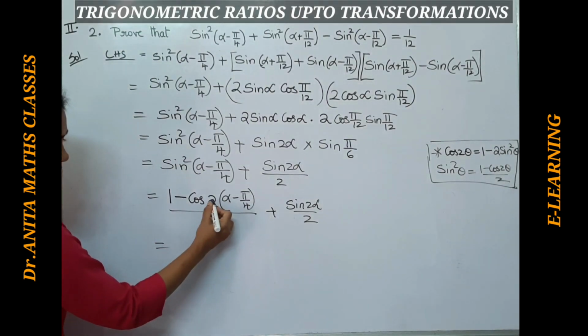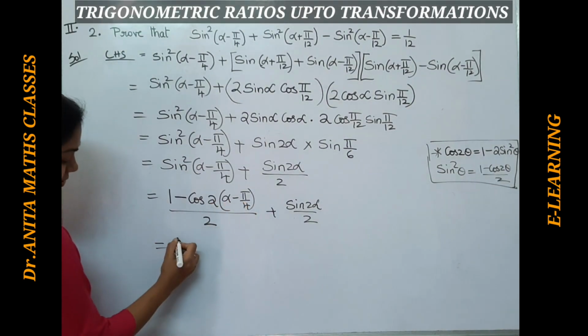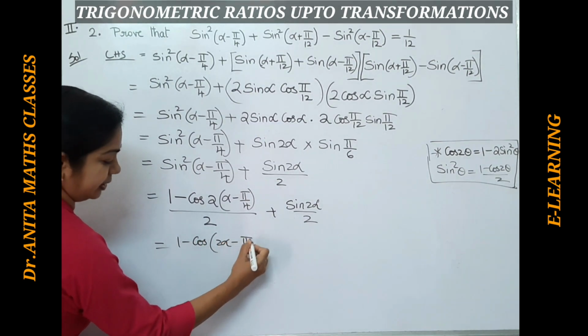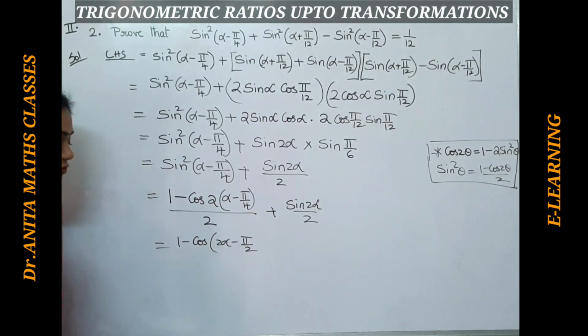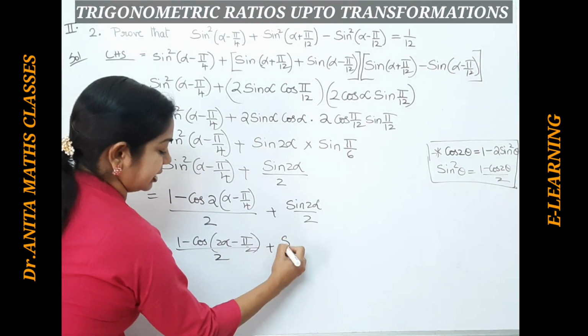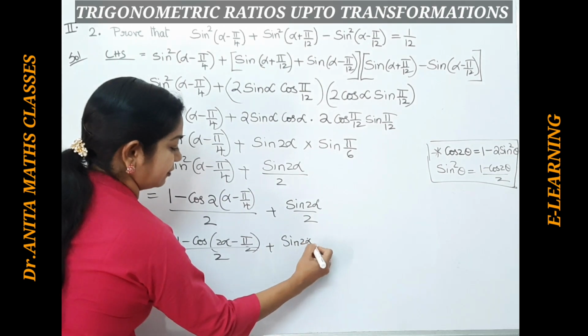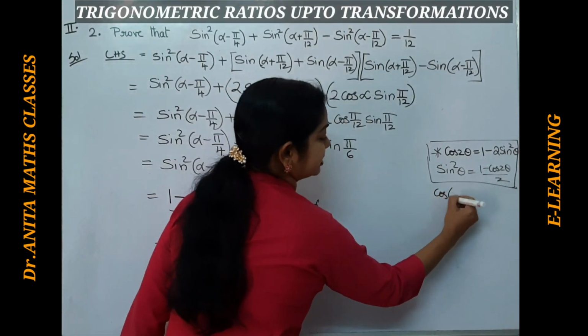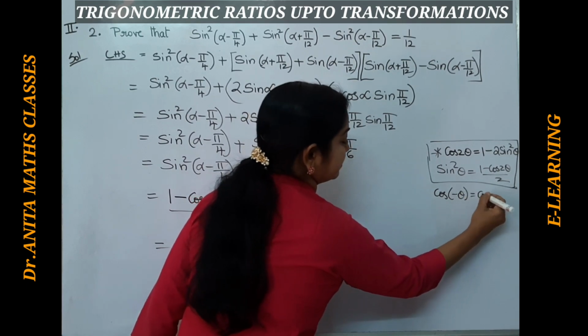Now if you open the bracket, 2 alpha minus pi by 2, 2 and 2 go off, pi by 2 here, plus sine of 2 alpha by 2. So we have cos of minus theta is just cos theta.